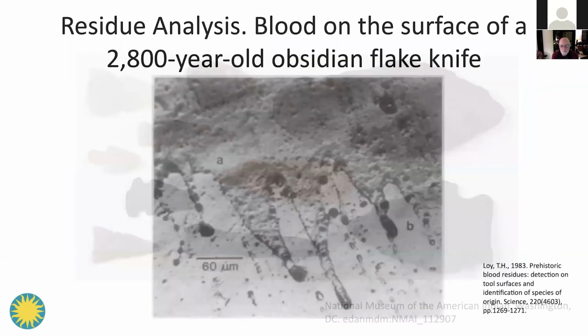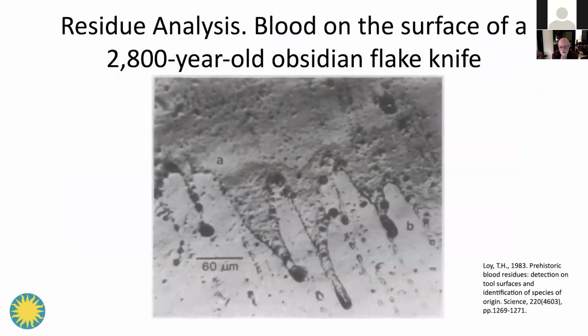This goes back a good 40 years or so, when Tom Loy published a paper in the very prestigious journal Science, where he had a rock, an obsidian flake, actually, that purportedly had stains of blood on it. And here he has a micrograph of that blood.